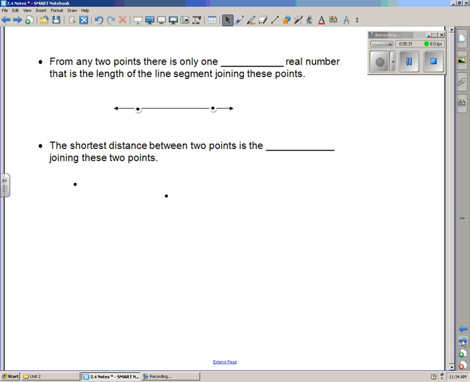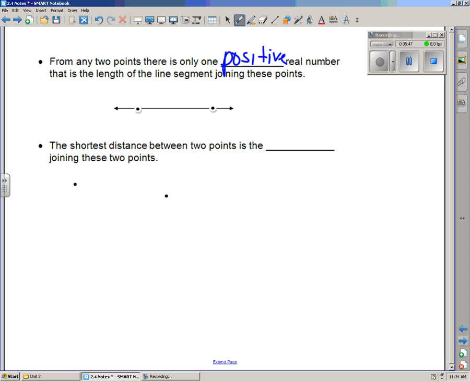From any 2 points, there is only one positive real number that is the length of the line segment joining those points. This is basically like absolute value.